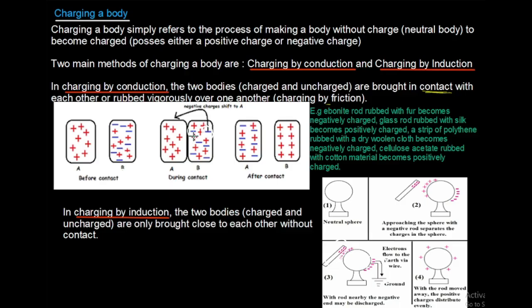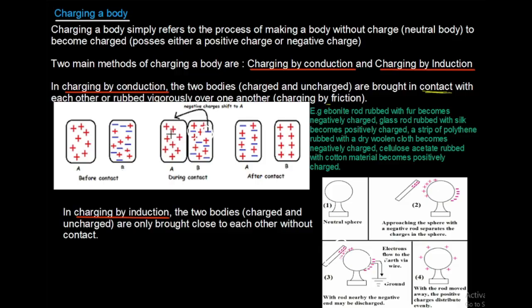So whenever we have charging by contact, or charging by conduction, or even charging by induction, it is the negative charges that will move. The positive charges do not move. So here, look at what we have. During contact, the negative charges will migrate into body A. Why are they migrating into body A?